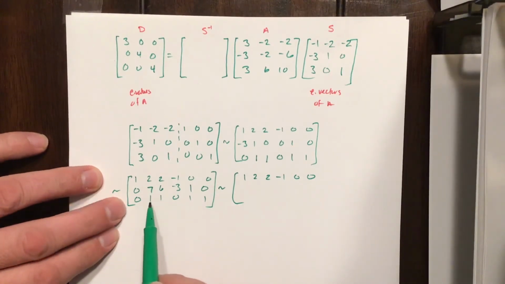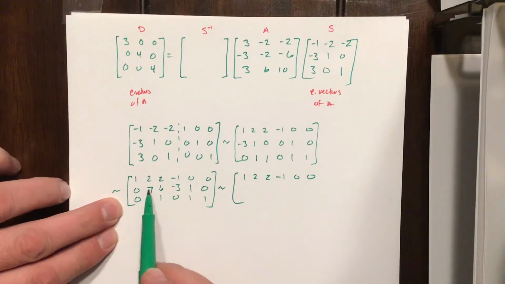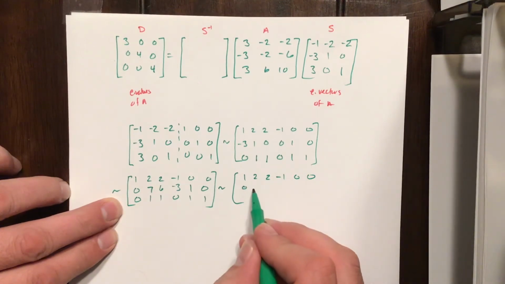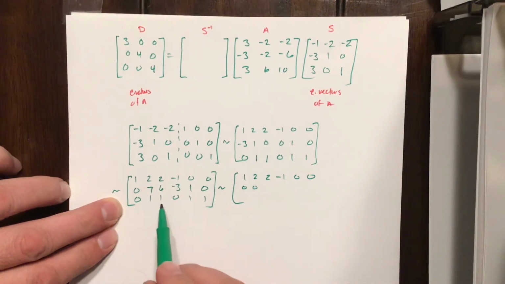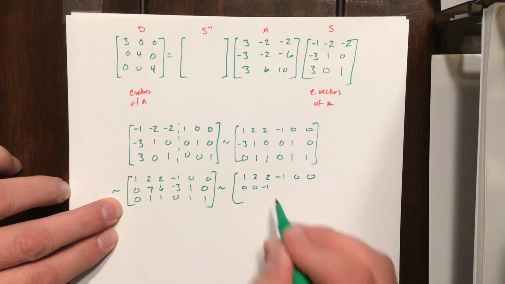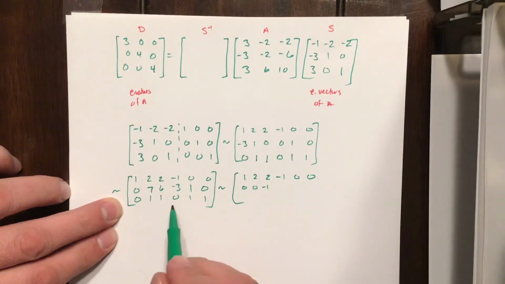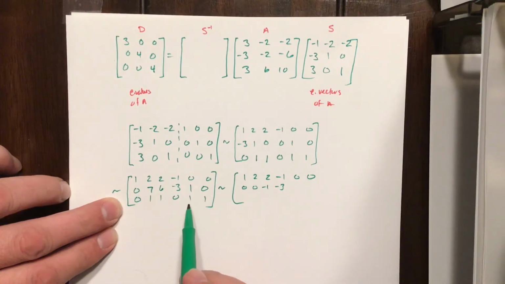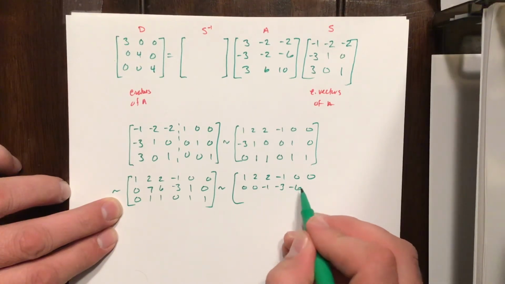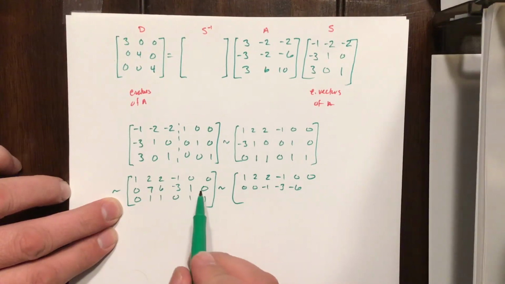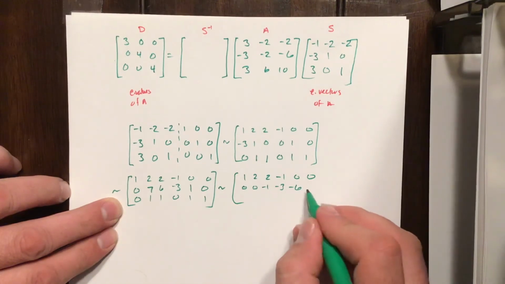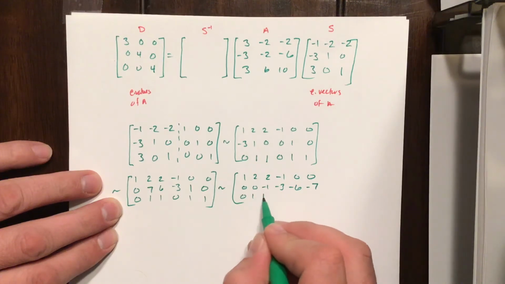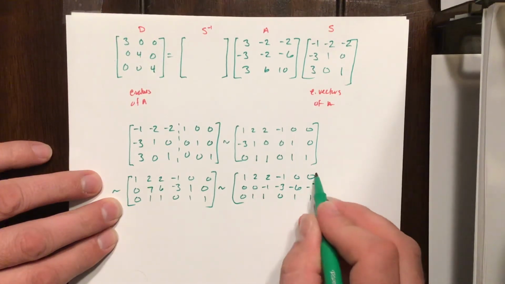If I multiply row 3 by 7, I get 7 minus 7, which is 0. 6 minus 7 is -1. -3 minus 0 is -3. 1 minus 7 is -6. And 0 minus 7 is -7. I have that, 0, 1, 1, 0, 1, 1.